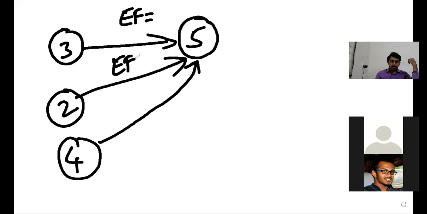Thirty-three, sir. 33. Next, 2-5 is 13, sorry, 13. Okay. And 4-5, 32.